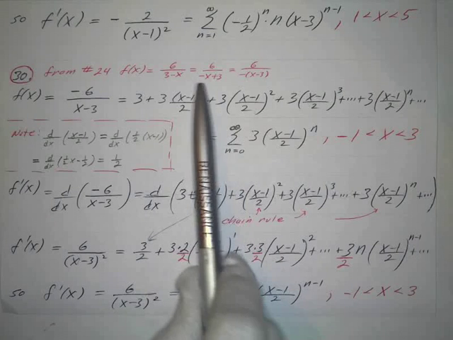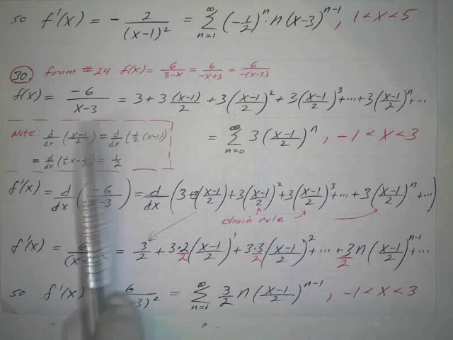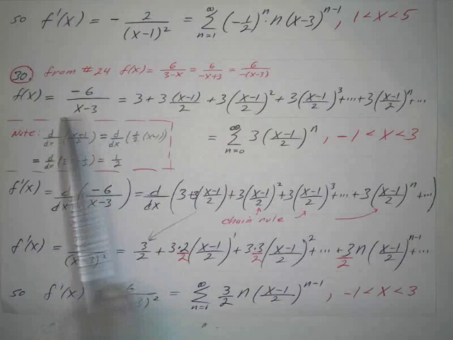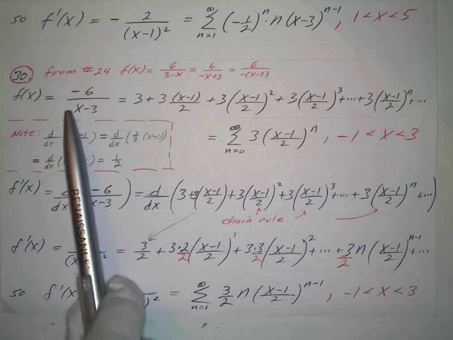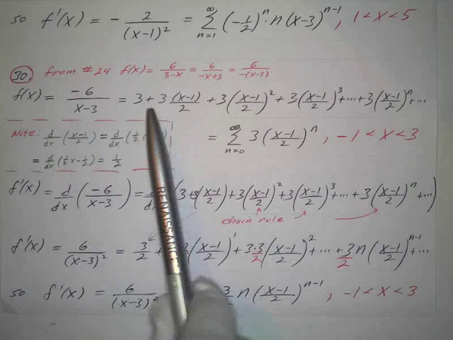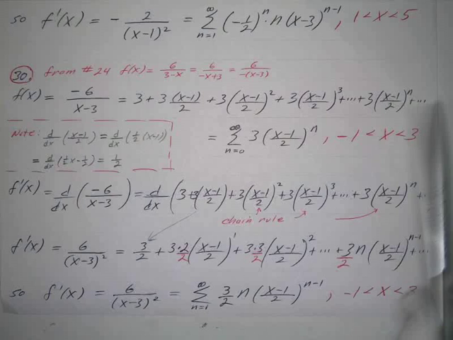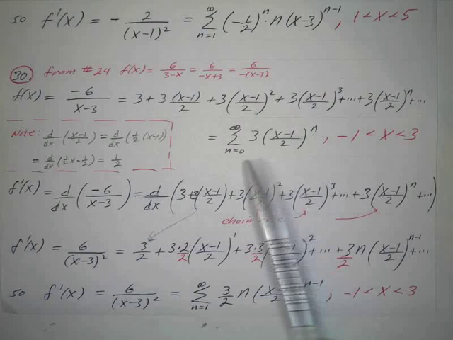So I just reversed them. I put negative x plus 3, and then factored out the negative sign, and then put the negative sign in the front. So we could write the function like this, and it's a little nicer like that. When we take the derivative, it's going to make sense. And this was the expansion given by this general form, and this was from problem number 24.